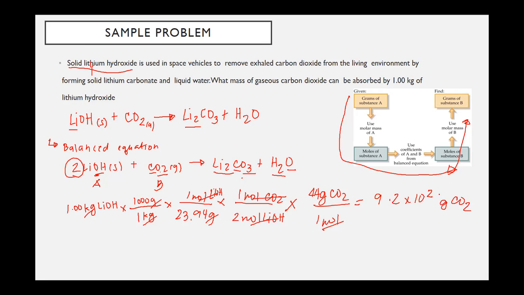So, our answer here is that the absorbed carbon dioxide is 9.2 times 10 raised to 2, or simply 920 grams, for every 1 kg of lithium hydroxide.